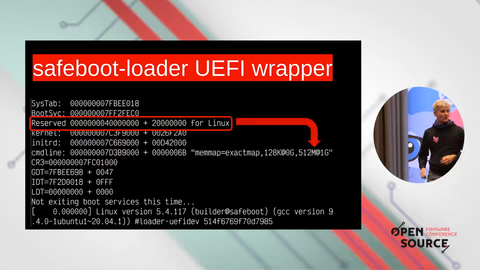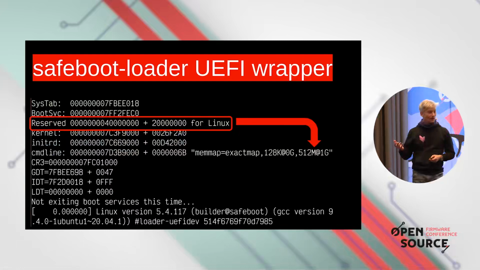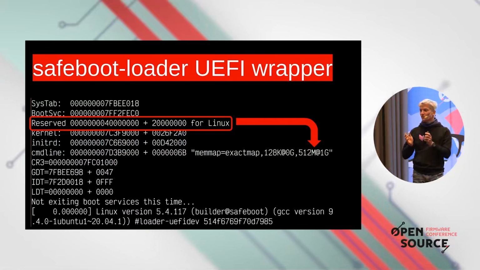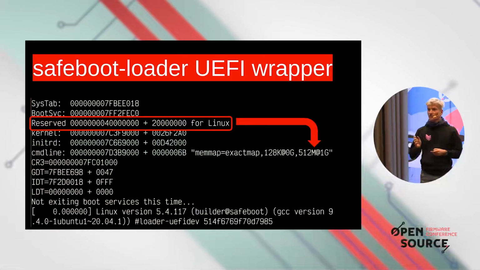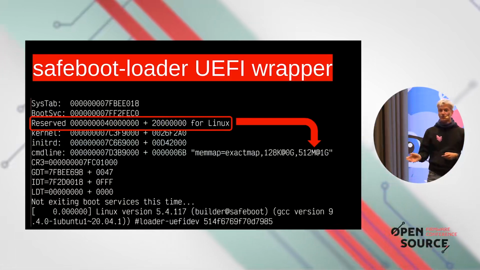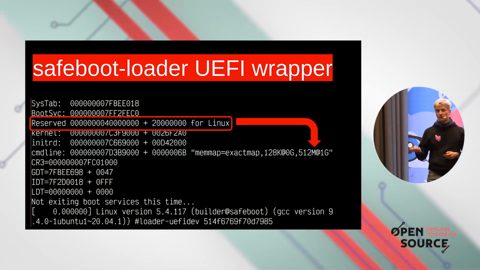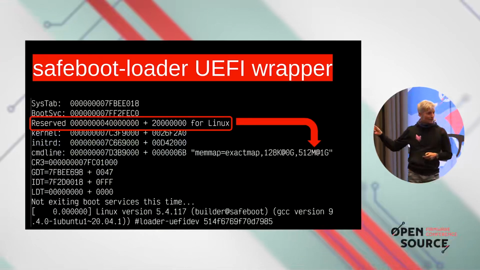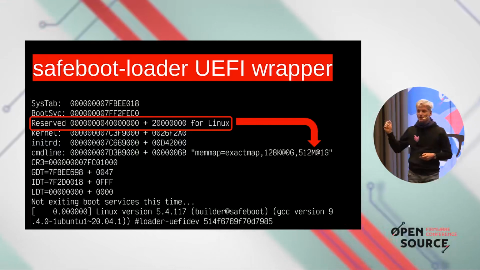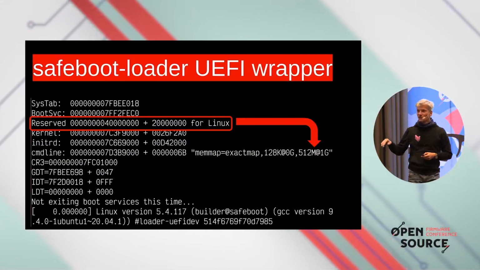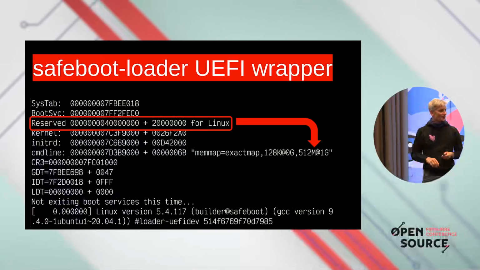It then adds to the Linux kernel command line a memmap exactmap, which says to Linux, this is the only region of memory that you're allowed to write to. So this prevents Linux from stomping on any of the UEFI data structures or any of the interrupt tables or things like that. We do have to map a small amount at 0 due to the SMP trampoline, which we shouldn't need because we're in a non-SMP mode, but that's an implementation detail.